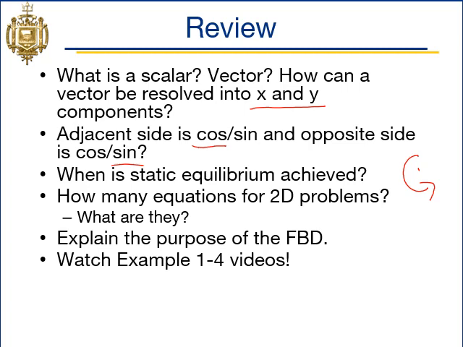The Z-axis is the one that comes out of the page, out of the screen right at you, so that would be rotation around the Z-axis. We need to make sure this thing is not rotating in space. So to achieve those three conditions, we need three equations: the sum of forces in X, the sum of forces in Y, and the sum of moments about point A, all equal to 0, right?